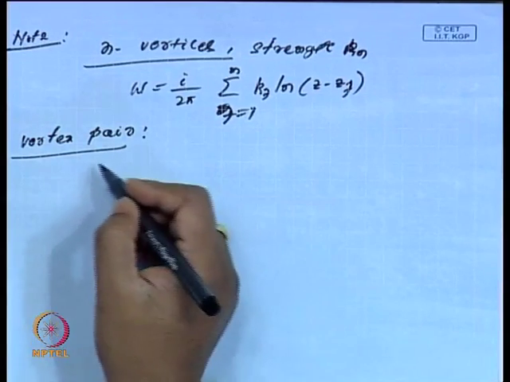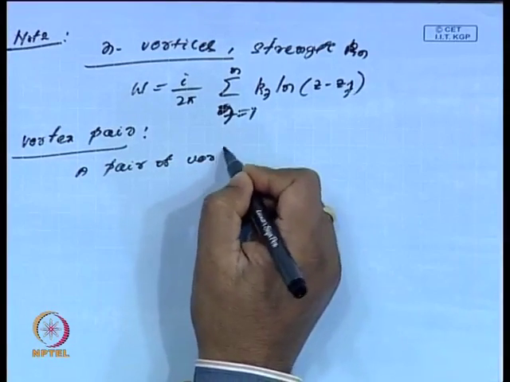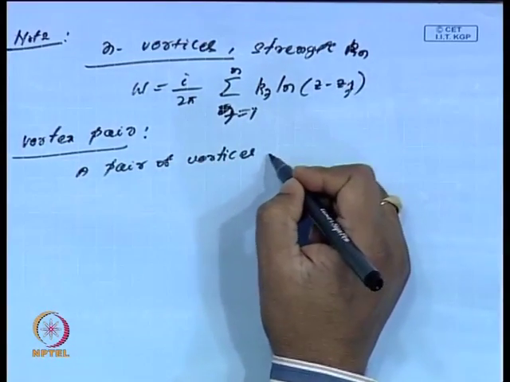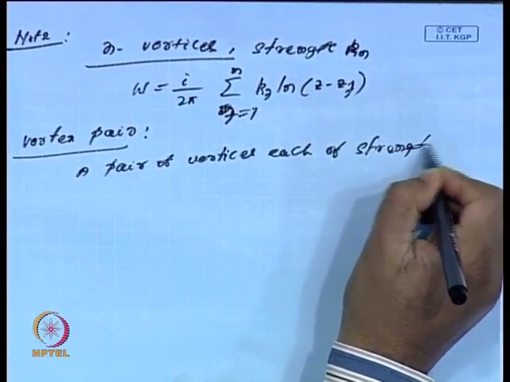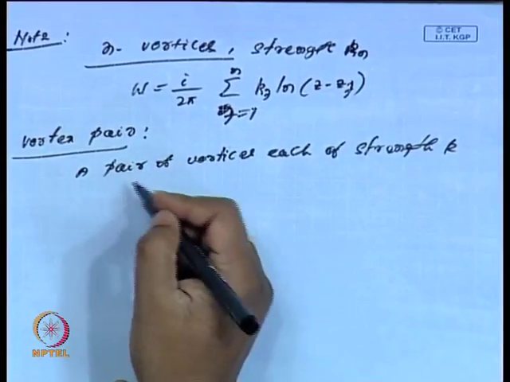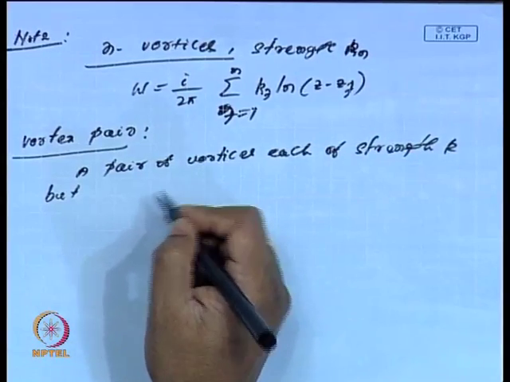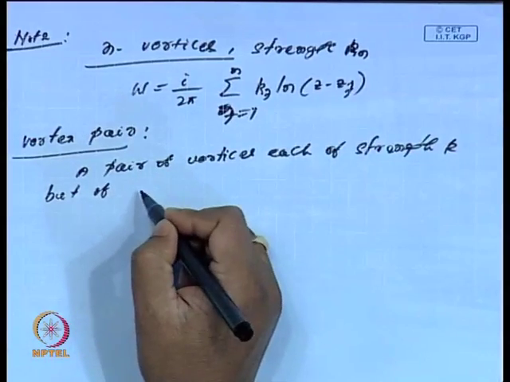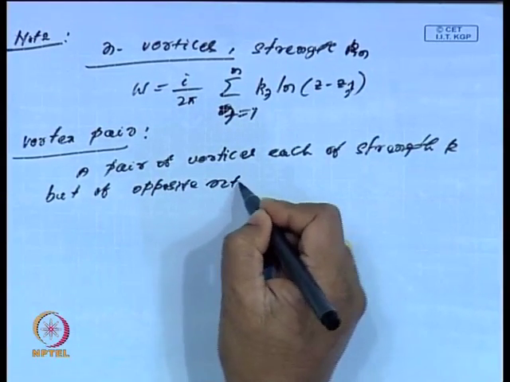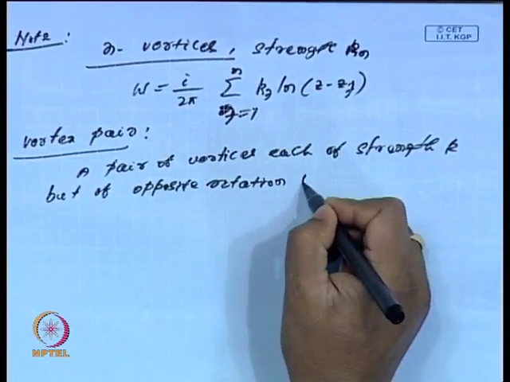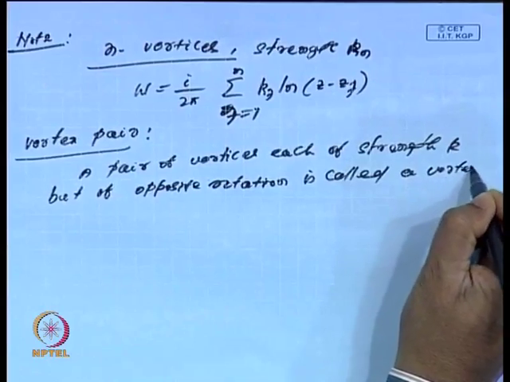A pair of vortices, each of strength k but of opposite rotation, is called a vortex pair.